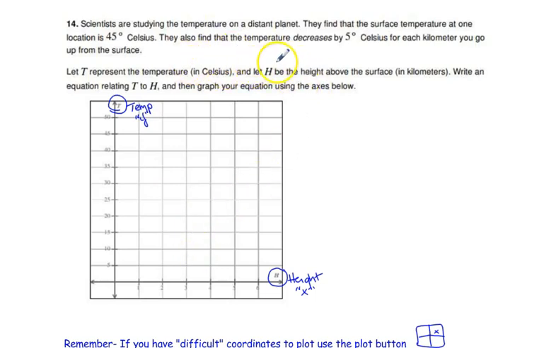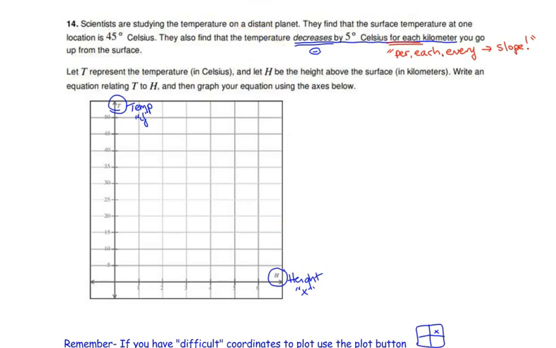Notice I'm told that it's decreasing in temperature by 5 degrees for each kilometer. So 2 things there. When you see the word decrease, that tells me it's negative. And whenever you see for each, so phrasings like per, each, and every should immediately make you think slope.